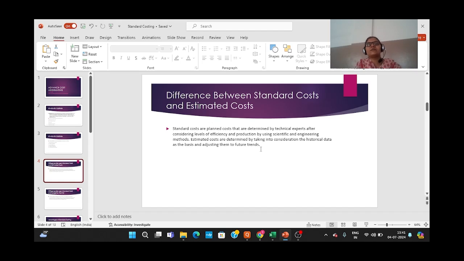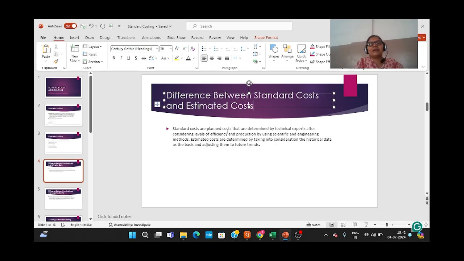Next is the difference between standard cost and estimated cost. Students usually get confused because from a verbal point of view, both terms seem to have the same meaning. But scientifically and technically, these two terms are very different from each other.